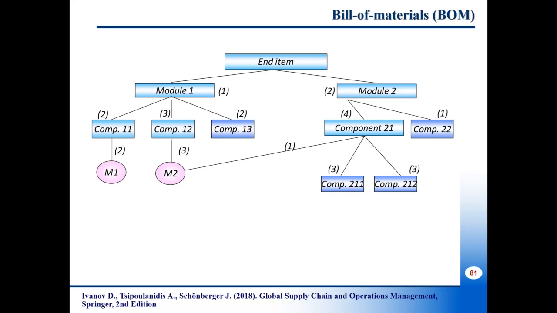Module 1 contains 2 units of component 11, 3 units of component 12, and 2 units of component 13. Module 2 needs 4 units of component 21 and 1 unit of component 22. Raw material 1 is needed by component 11 and raw material 2 is needed by both component 12 and 21.